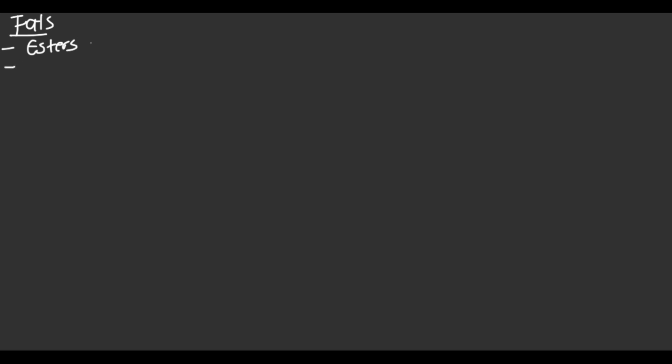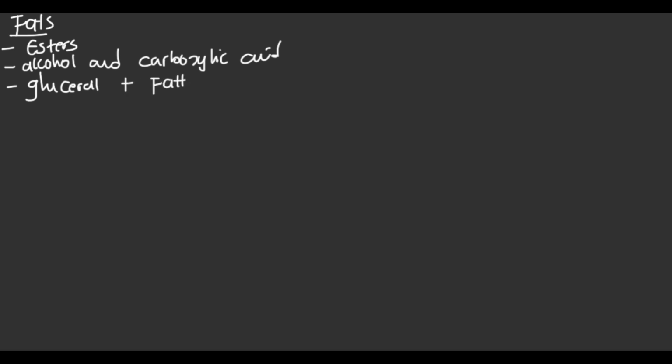Whenever we look at esters, we need to remember that an ester is formed from an alcohol and a carboxylic acid. From the monomers of fats, we have glycerol and the fatty acids.